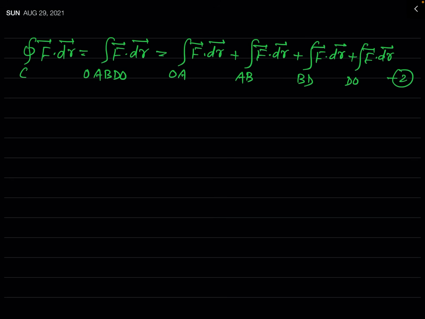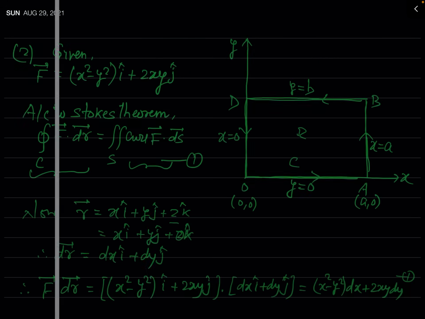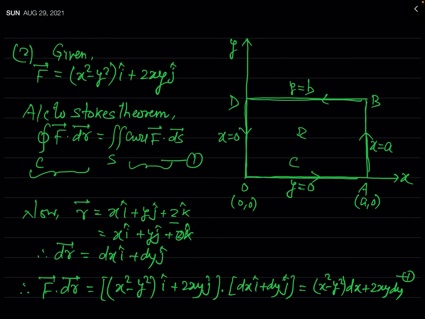So first of all, along OA. See the figure. When you move along OA, you can see x varies between 0 and a, but y remains constant at a particular value, which is 0.